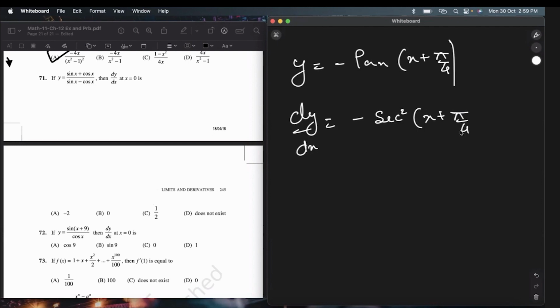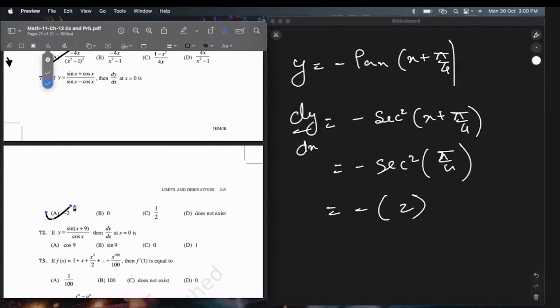And since there is nothing multiplied with x, there will be no need for the chain rule. And the value for x is going to be 0. So minus sec square pi by 4 will give me a value of minus 2. Alright, sec pi by 4 is root 2, so sec square will be 2. Yeah. So minus 2 is the first option itself.